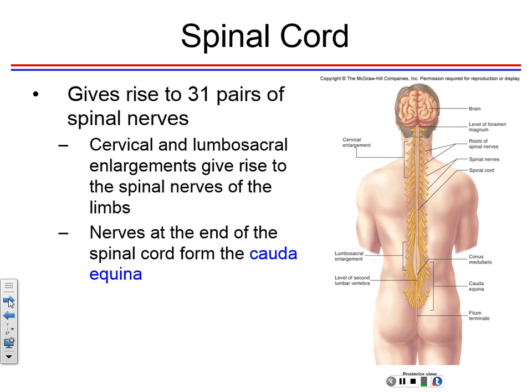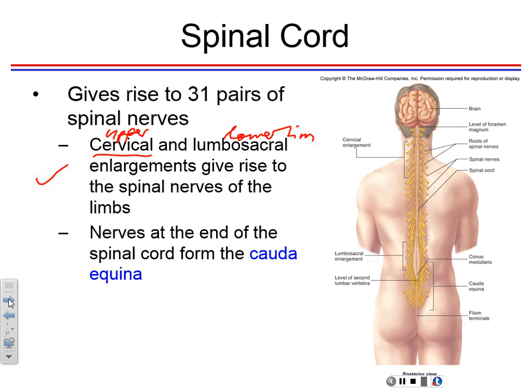Continuing on again, like we said, 31 pairs of spinal nerves come off either side of the spine, with 12 in the thoracic region, which is the longest region, and then 8 in the neck, and then 5 each in the sacral and lumbar regions. Then we talked about the cervical and lumbosacral enlargements: this serves the upper limb, and this serves the lower limb.